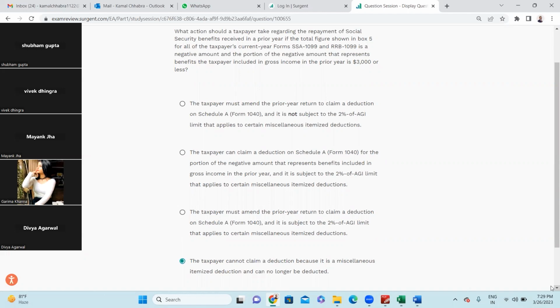So is it subject to the AGI limit or not, in this question? If not, then I think the fourth option is good. If yes, then first and fourth are not correct.